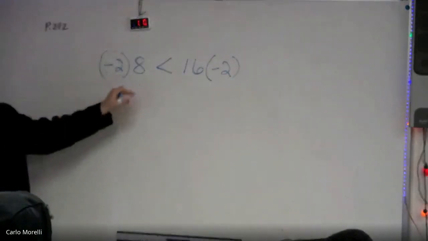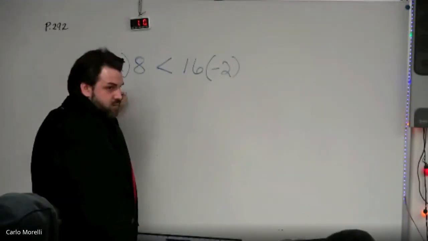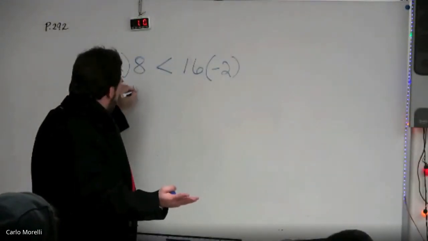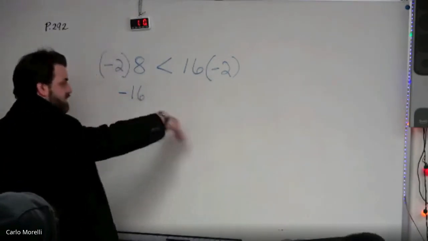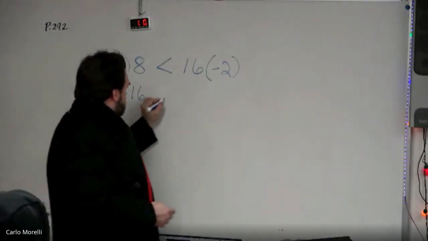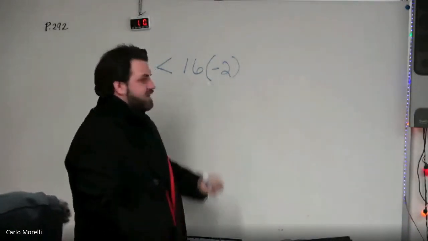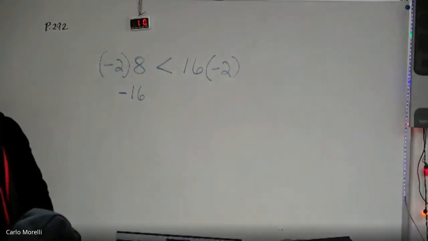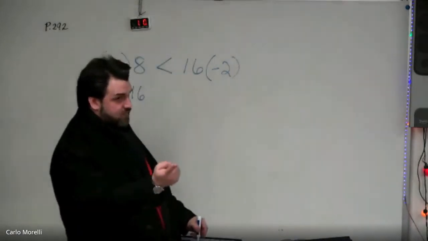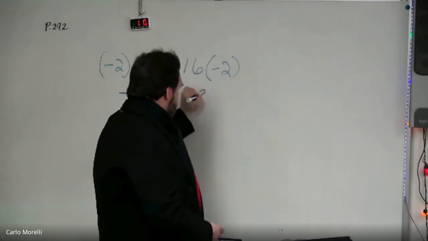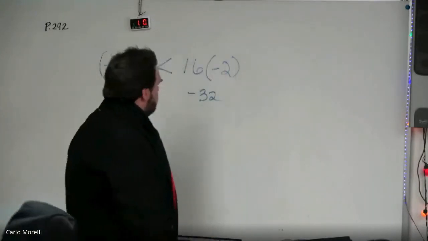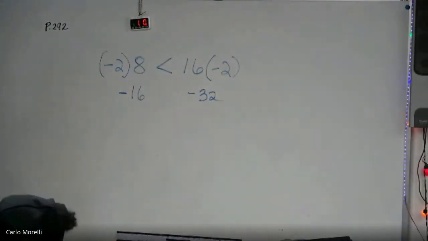What is -2 times 8? -16, right? Write this down, please. This is important. And then what is 16 times -2? -32. Negative, right?